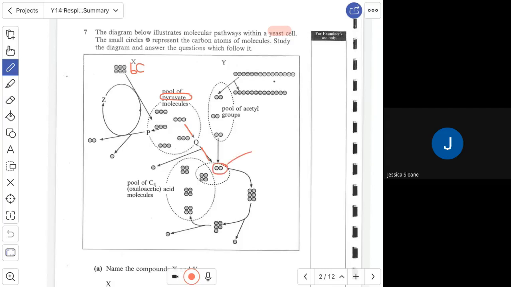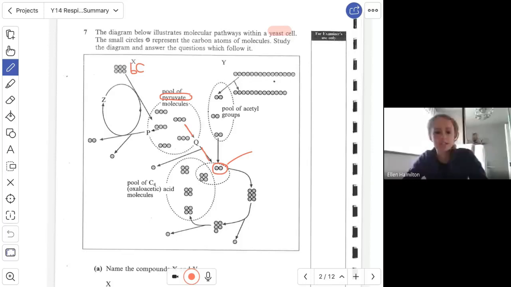So Ellen Hamilton, any idea what the 2-carbon molecule might be? You have to unmute there. I'm not too sure.